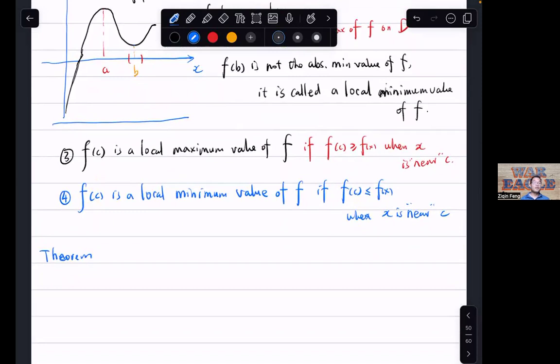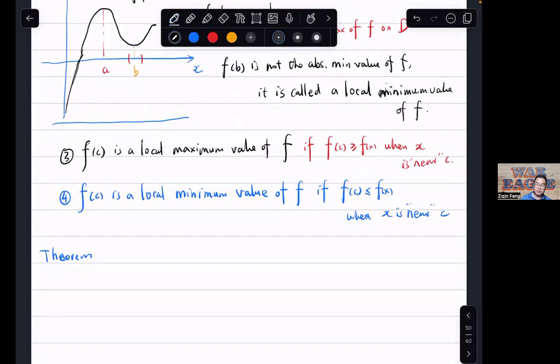So the first question here is to ask what kind of function possesses the absolute maximum value and absolute minimum value. When you try to find them, you can use this theorem to guarantee the function you are investigating does have these absolute extreme values, right?